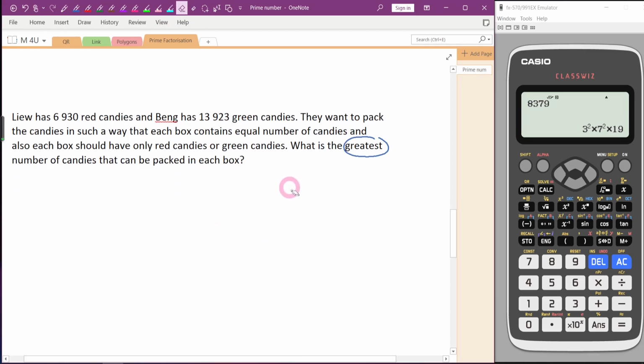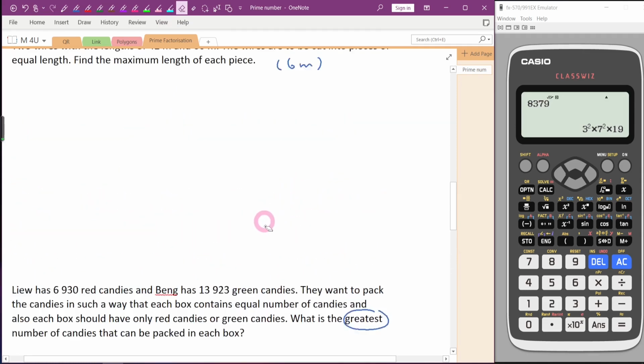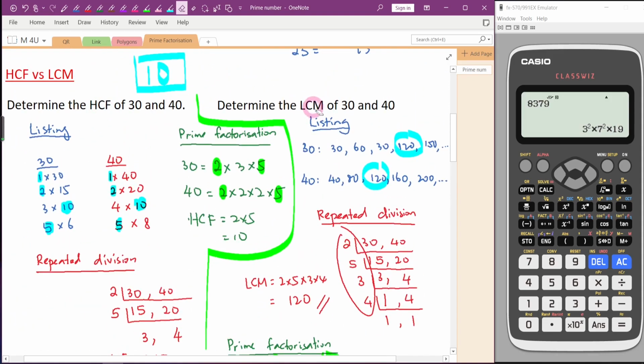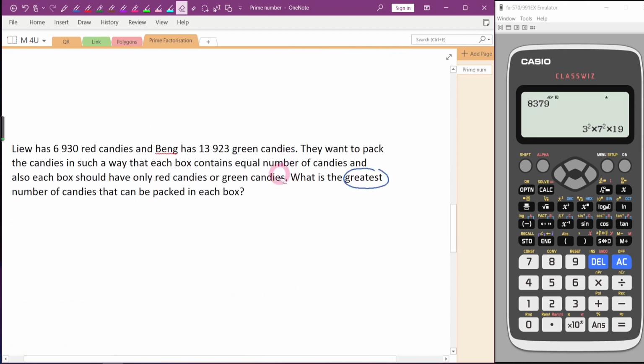Some students always mix up, they don't know when do we use highest common factor, when do we use LCM. So when you have a number of things and you want to separate them into smaller groups, in this situation, we will be using factors, right?